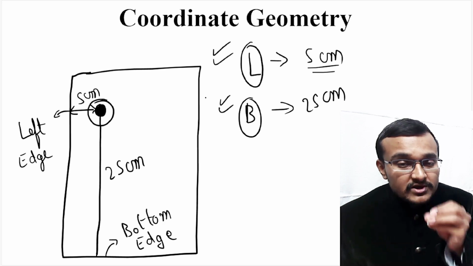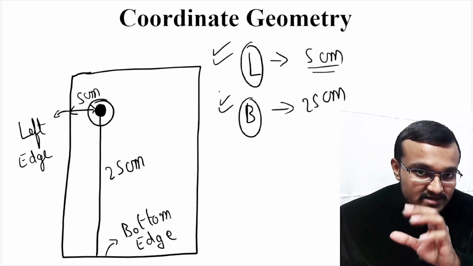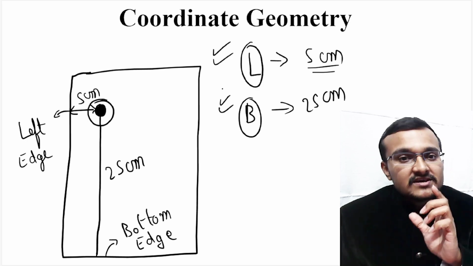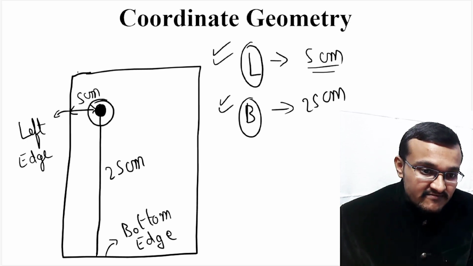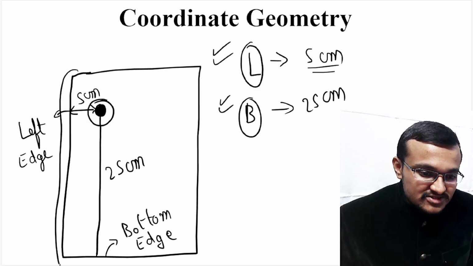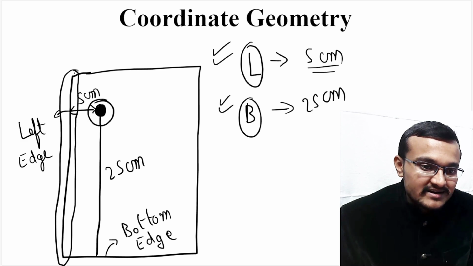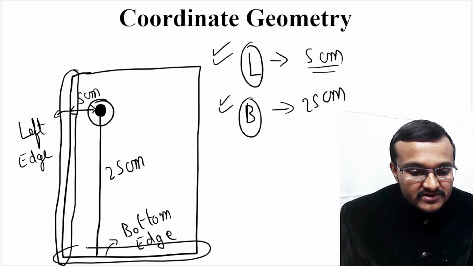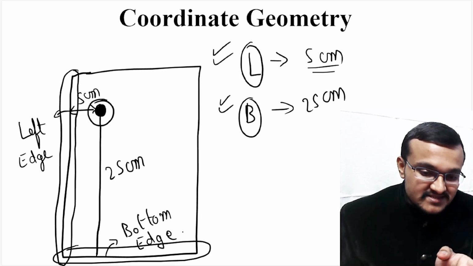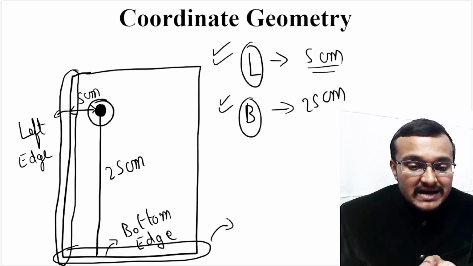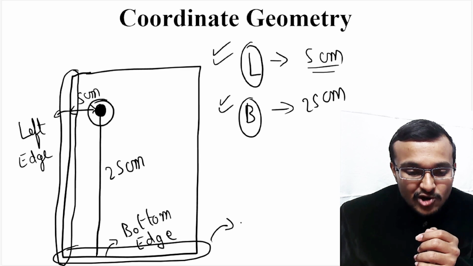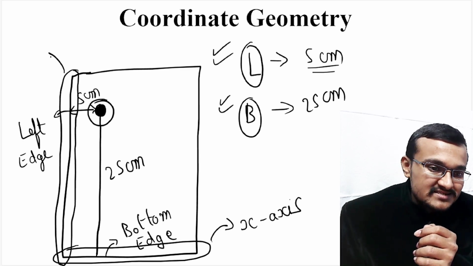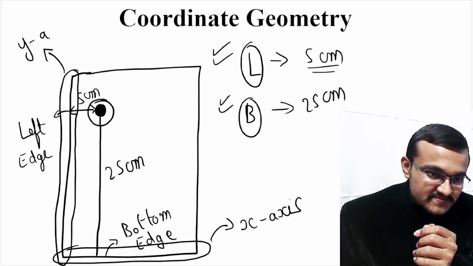This is how you locate a particular point, and in order to locate the point you want a reference axis. Here we are considering the left edge of the A4 sheet as one reference axis and the bottom edge of the paper as another reference axis, and in mathematical terms we call these the x-axis and the y-axis.